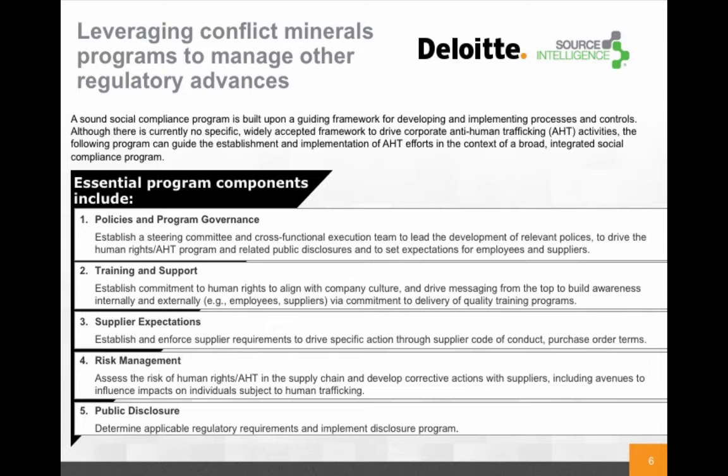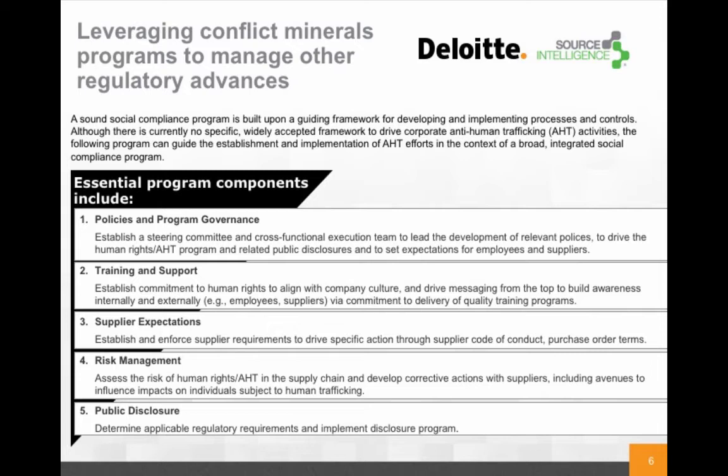What is so critical to the foundation of a disciplined and comprehensive program is the establishment of effective program governance, guided by a policy that contemplates the obligations but also the expectations of an organization.